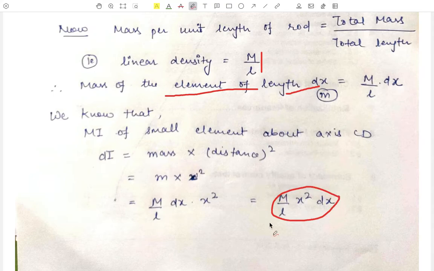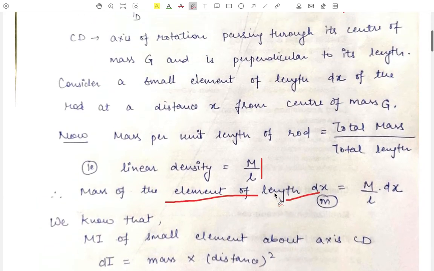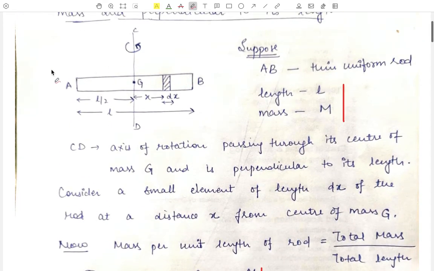Now, with the help of this, we will find the moment of inertia of the rod AB about axis CD. For that, we will integrate this moment of inertia between the limits. What will be the limits? The limits will be from point A to point B because this is the complete rod.